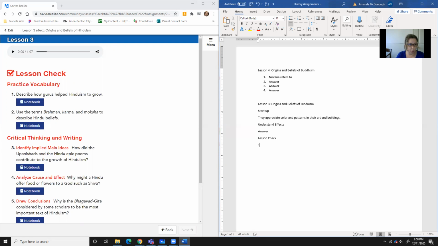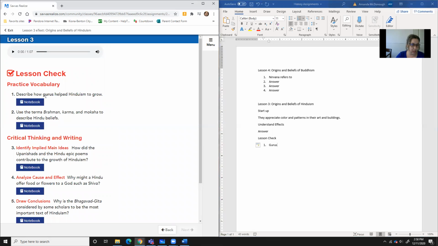So lesson check number 1: describe how gurus helped Hinduism to grow. Again, this isn't a 1 to 2 word answer here. Gurus were the teachers, the religious teachers. And this would be a really good spot to go forward.